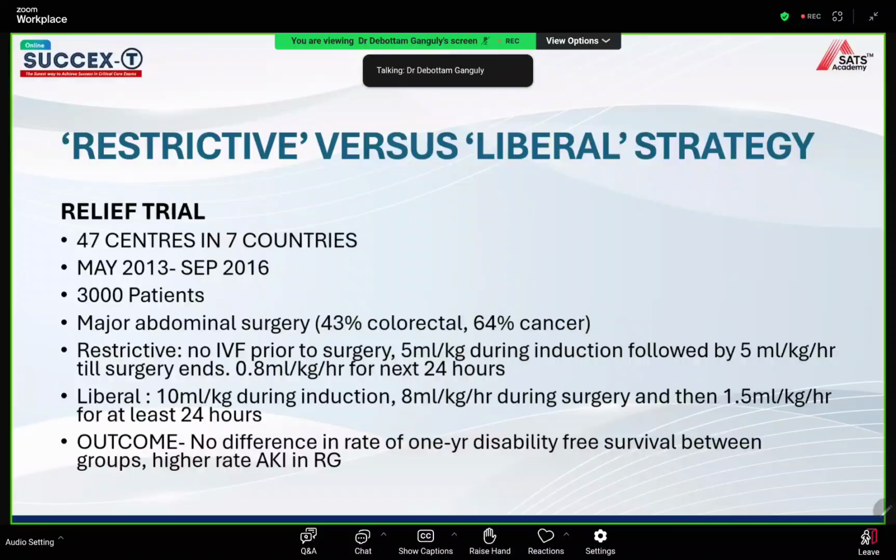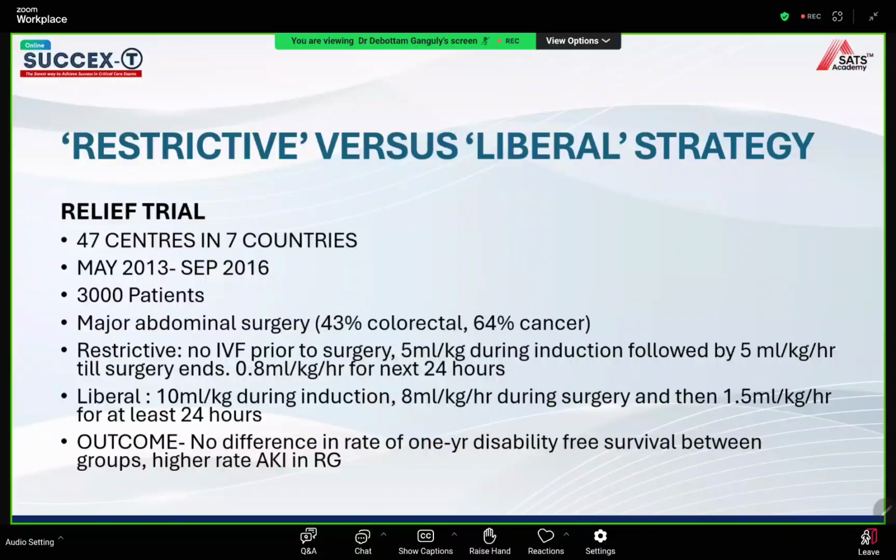state of the patient. Now, restrictive versus liberal strategy: what to give, liberal fluid or restrictive fluid. There's the RELIEF trial that occurred in 47 centers in 7 countries from May 2013 to September 2016 with 3,000 patients, major abdominal surgery, 43% colorectal and 64% cancer.